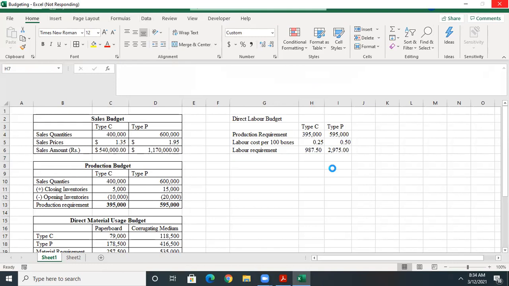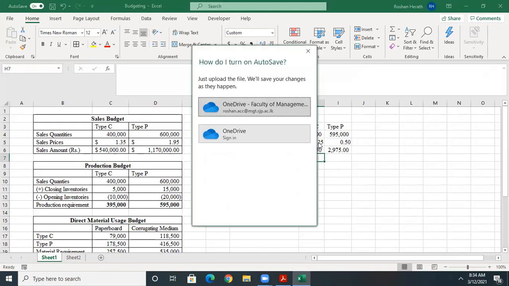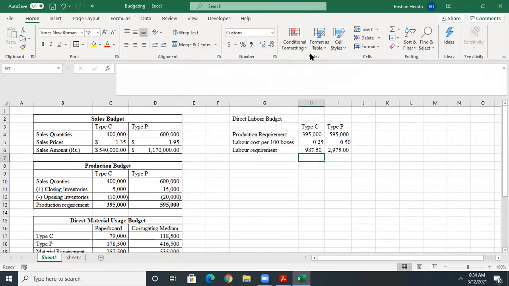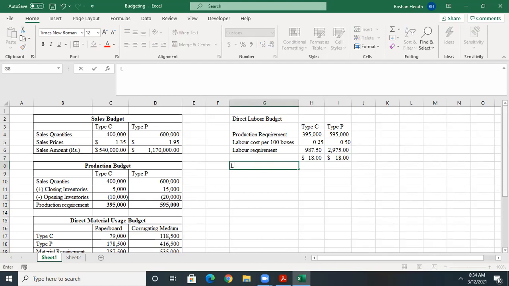We have to wait, it's not responding. It's 18 per hour. Right, now you get the labor cost. There it comes, the labor cost.